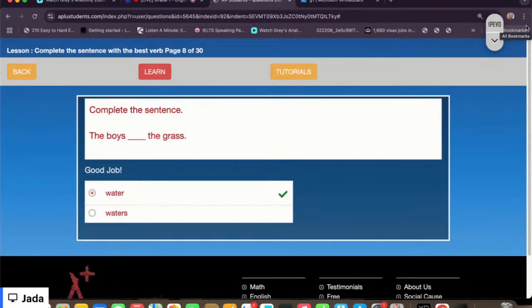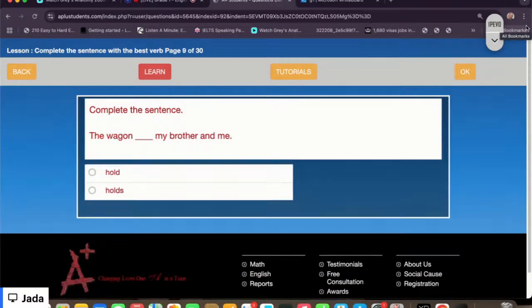Okay, so that's it for the lesson on complete the sentence with the best verb. If you haven't done this before, you have to try to do it.